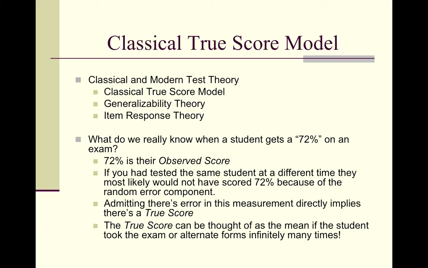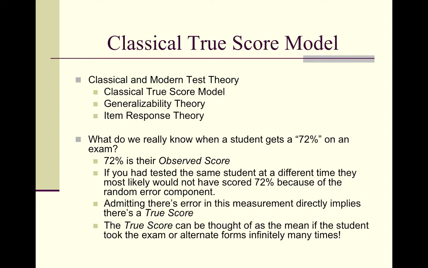So put on your radar that classical and modern test theory breaks down into 3 types: the classical true score model, what I call classical test theory, and generalizability theory and item response theory, which are 2 other, I would say, more recent theories.